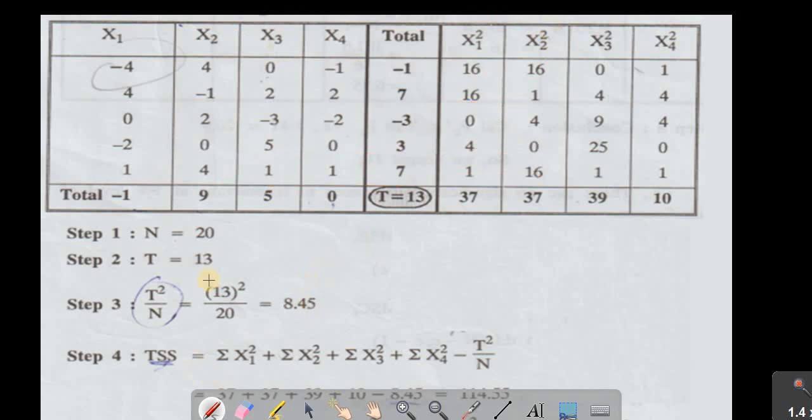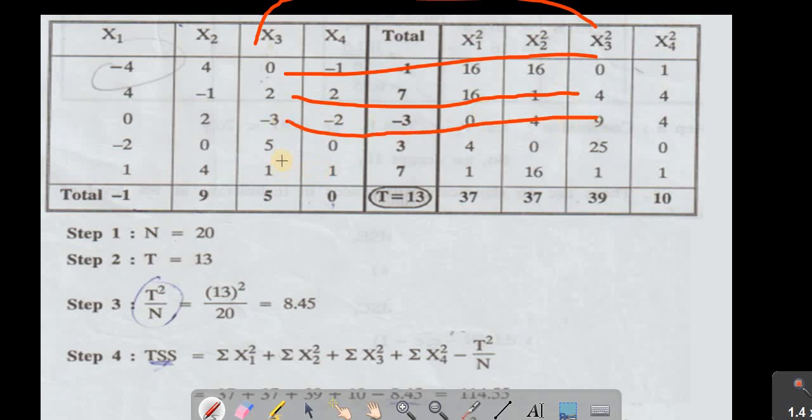Now what about x3 square? This comes from squaring this column: 0 squared is 0, 2 squared is 4, 3 squared is 9, 5 squared is 25, and 1 squared is 1. So this is how we get this column.